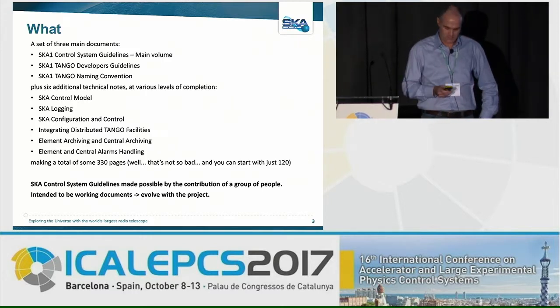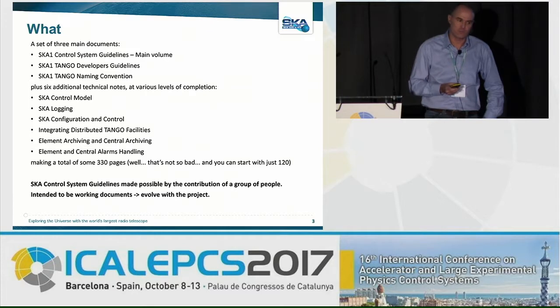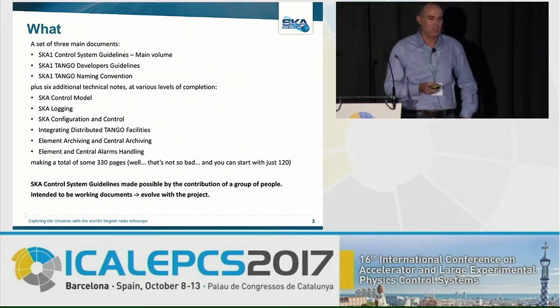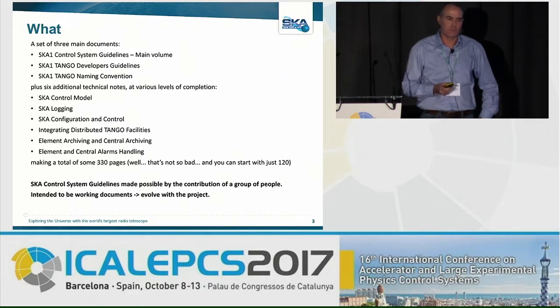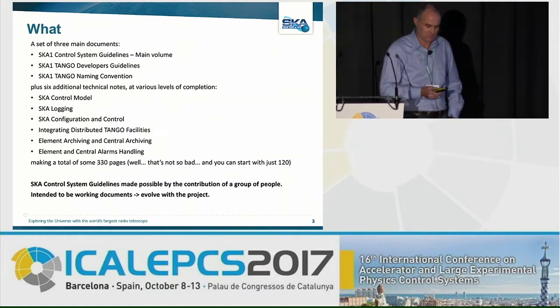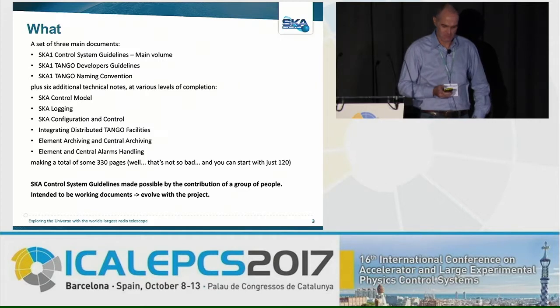And the third one is drafting the naming convention for the whole telescope, plus some additional technical notes which complement the previous documents, which nowadays are at various levels of completion. These guidelines are the result of the effort by a group of people, of course, and they are intended to be working documents, so they may evolve with the project itself.